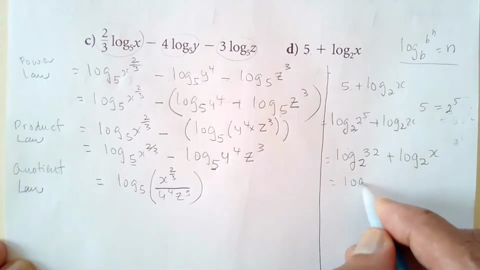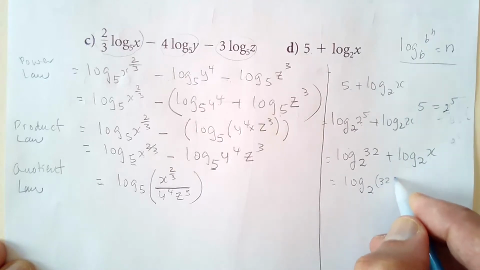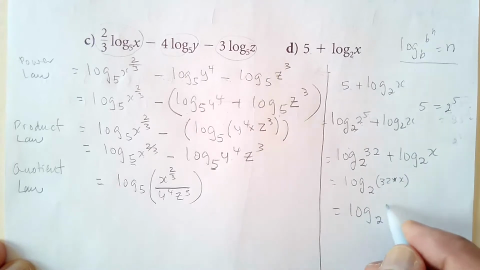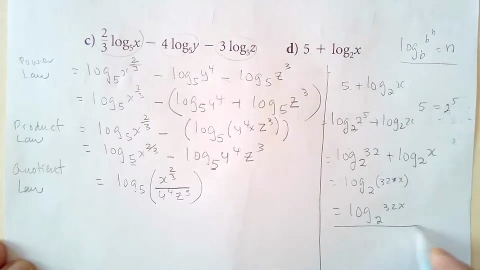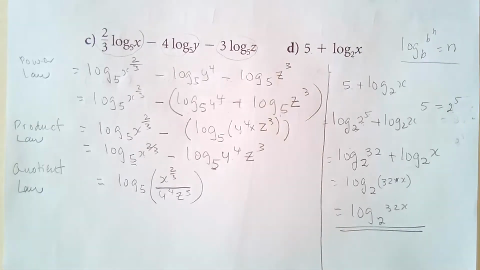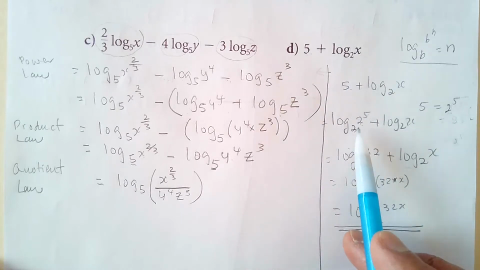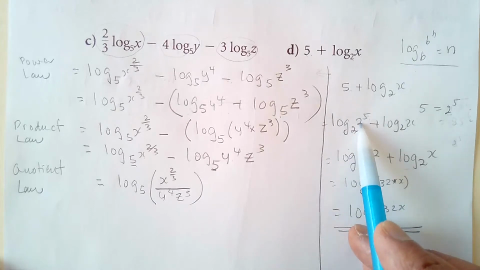So log 2 of 32 times x, which is log 2 of 32x. So we're writing 5 in this case as 2 to the power of 5.